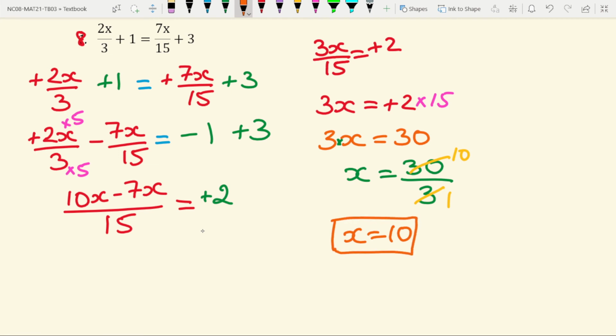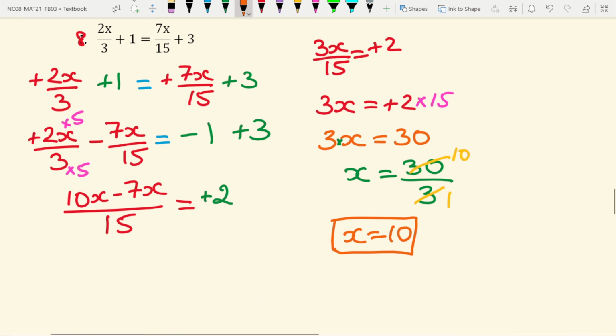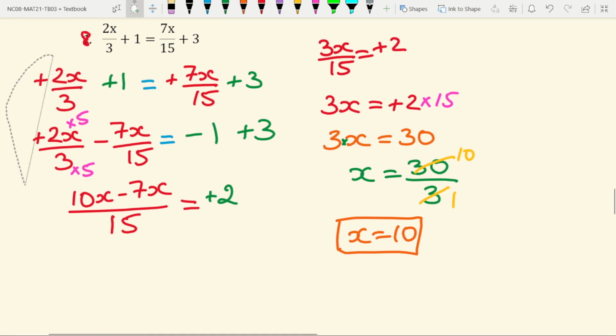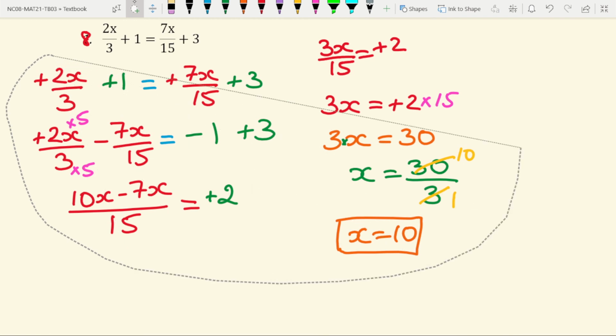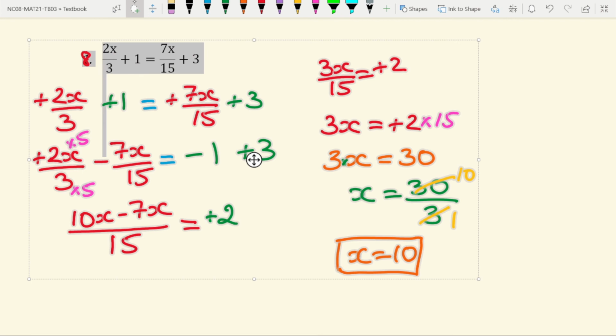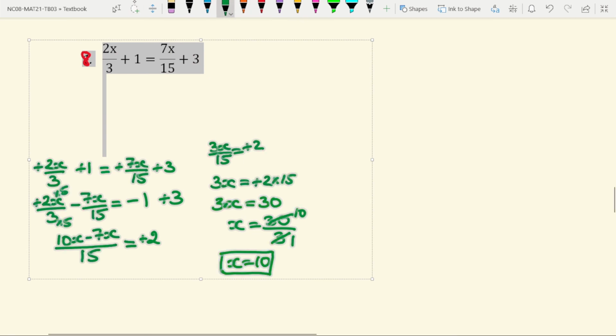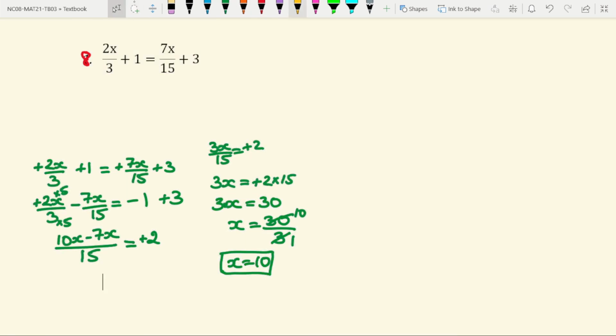Now let us check this answer. The equation was 2x by 3 plus 1 is equal to 7x by 15 plus 3.